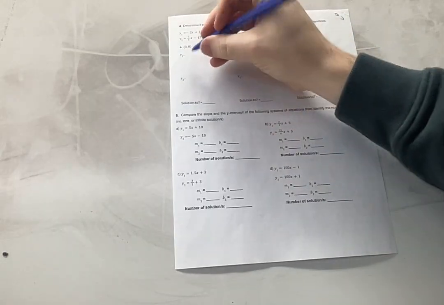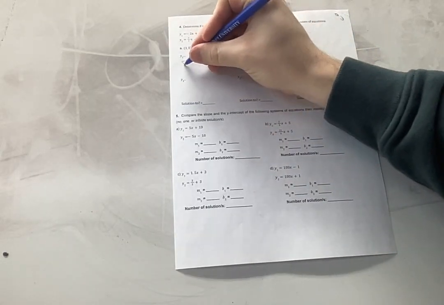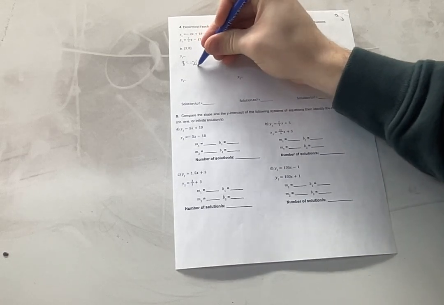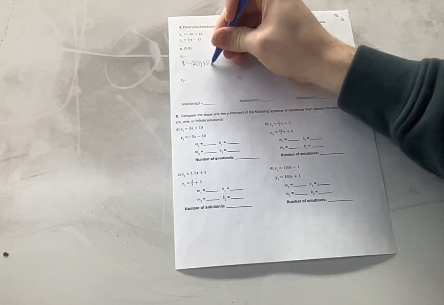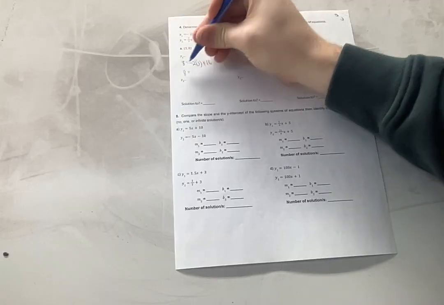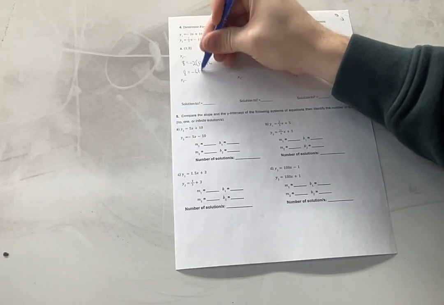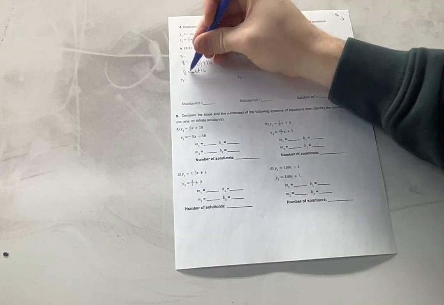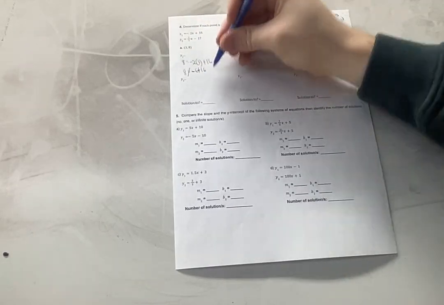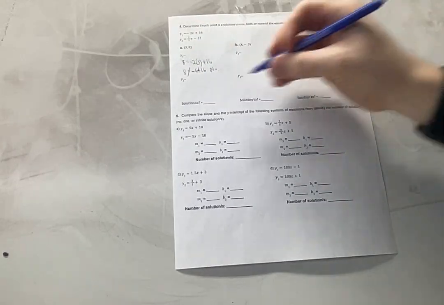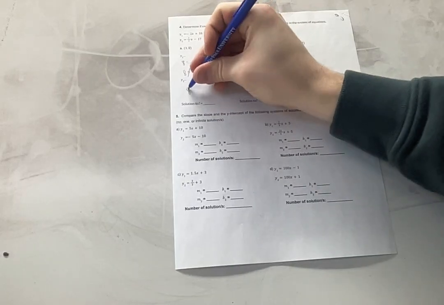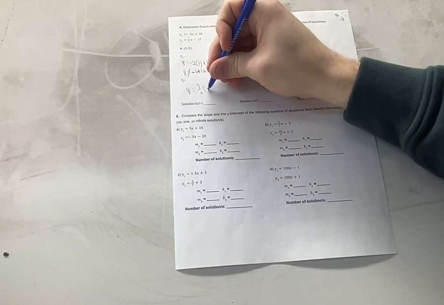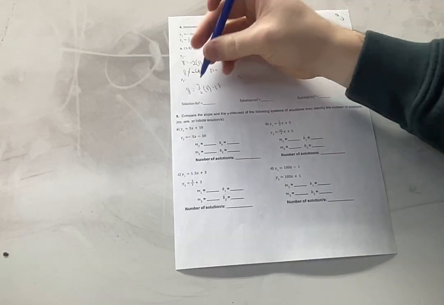We have to ask ourselves, is 8 equal to negative 2 times 3 plus 16? Is 8 equal to negative 6 plus 16? We can already tell that this is clearly not equal to 8. So we know it's not a solution to the first one. How about the second one? Is 8 equal to 7 halves times 3 minus 17?